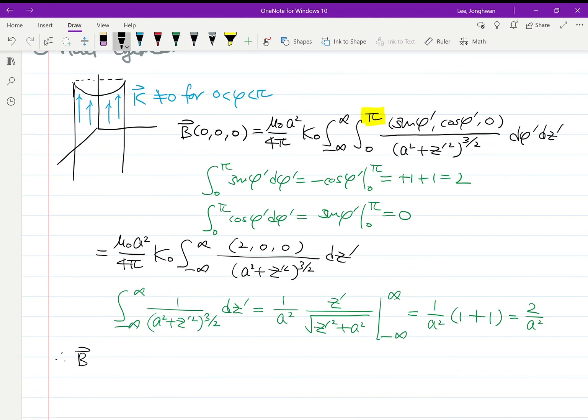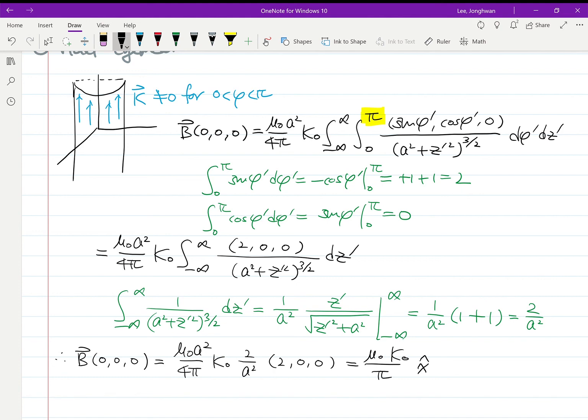So the B field at the origin will be not 0. And vector 2, 0, 0. So we have only non-zero component in the x direction. Right?